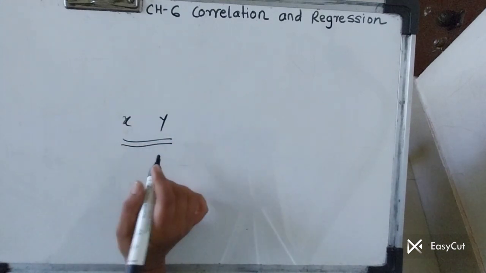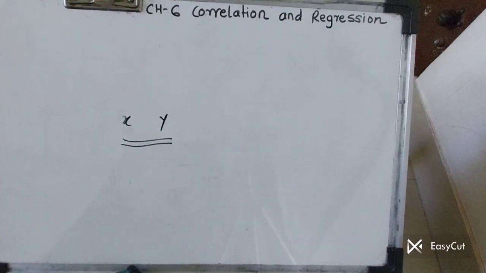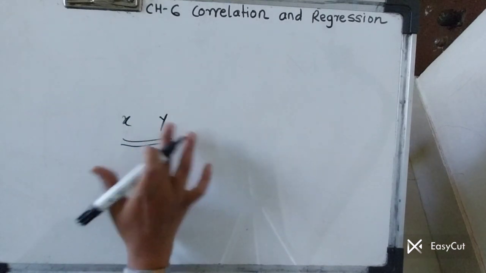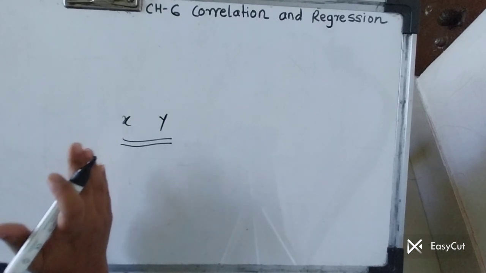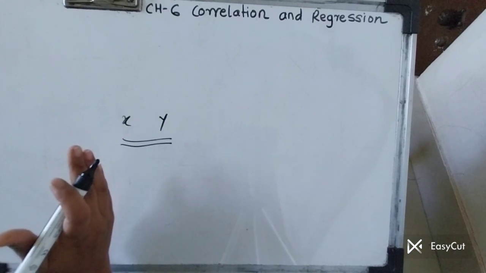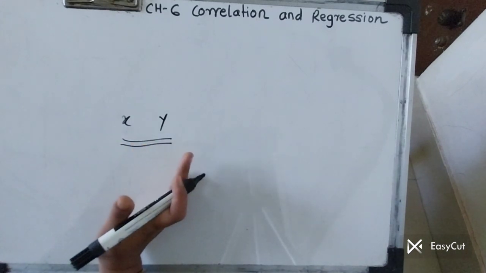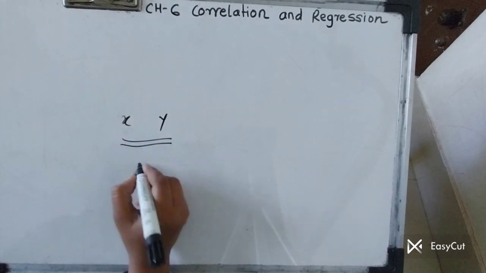In this chapter, we are going to see the relation between bivariate data, relation between two variables x and y. If a particular type of relationship, for example, the extent of linear relationship is being measured using the correlation, such a measure is developed for quantitative and qualitative data.